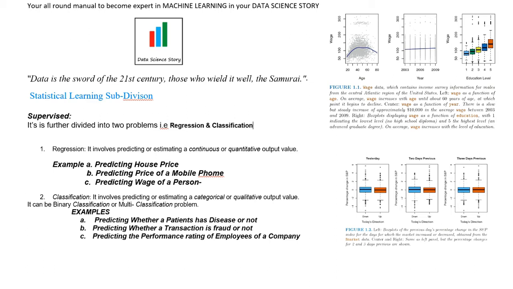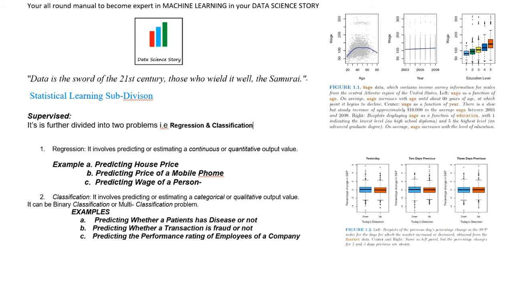As you get the idea from the name, in a binary classification problem you have only two categories that you predict or estimate, and in a multi-class classification problem you have more than two categories to predict.